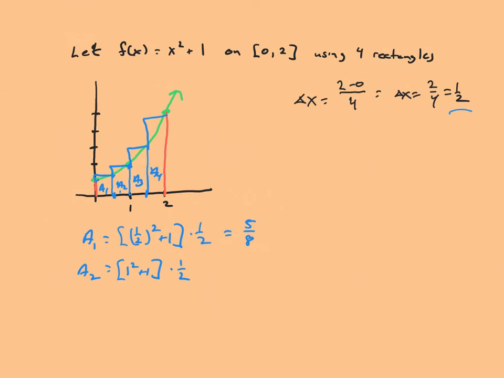So when I multiply that out, 1 squared plus 1 is 2, so that will be equal to 2 times 1/2, which is 1. Now I'm going to write that with my common denominator, which in this case will be 8/8.